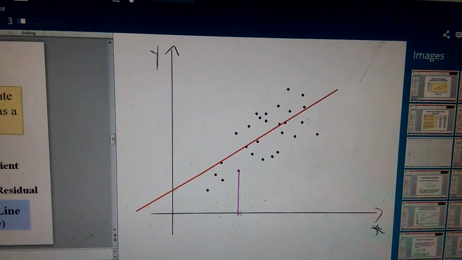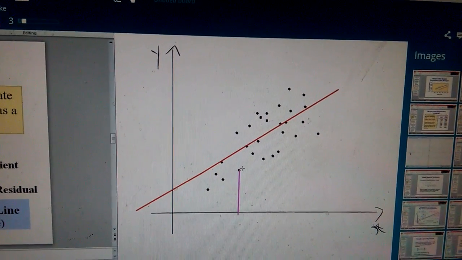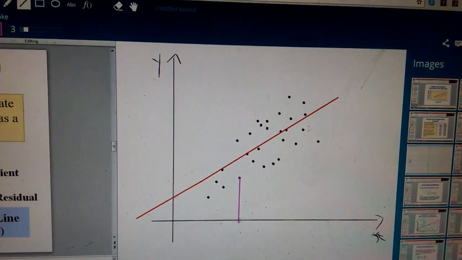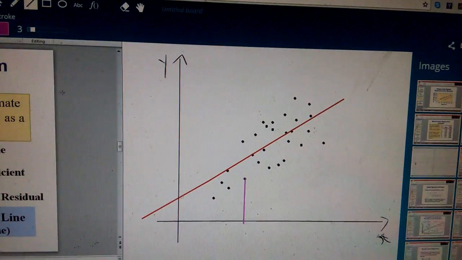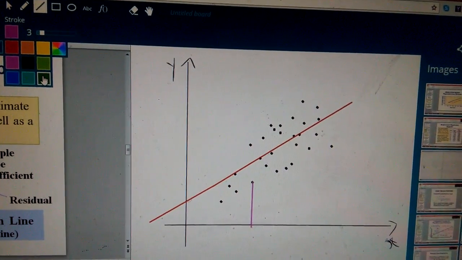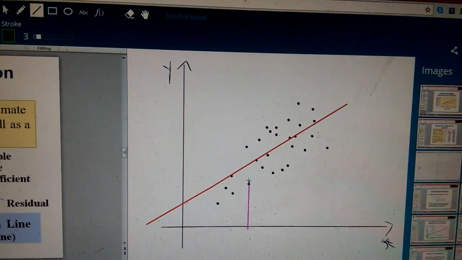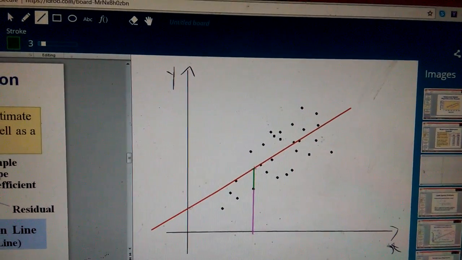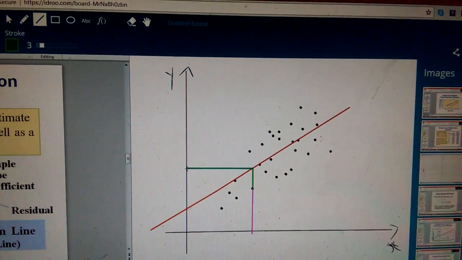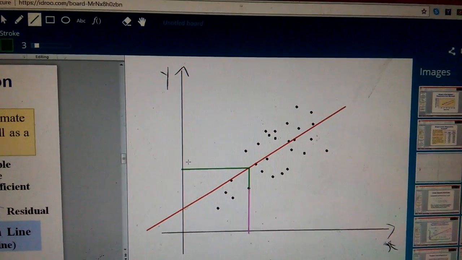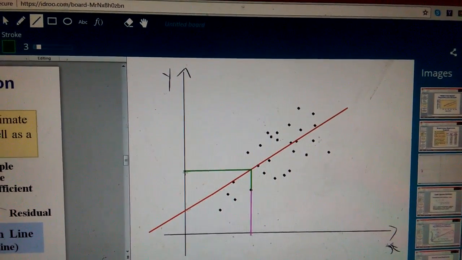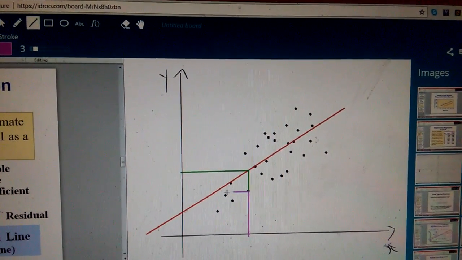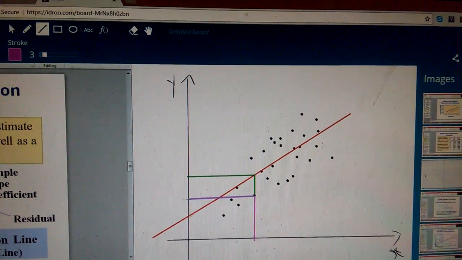If I project down with respect to this x value, I will see where it falls on the best fit line, it is falling over here. So the corresponding estimated value of your y is over here, and the actual value of your y was lying over here.